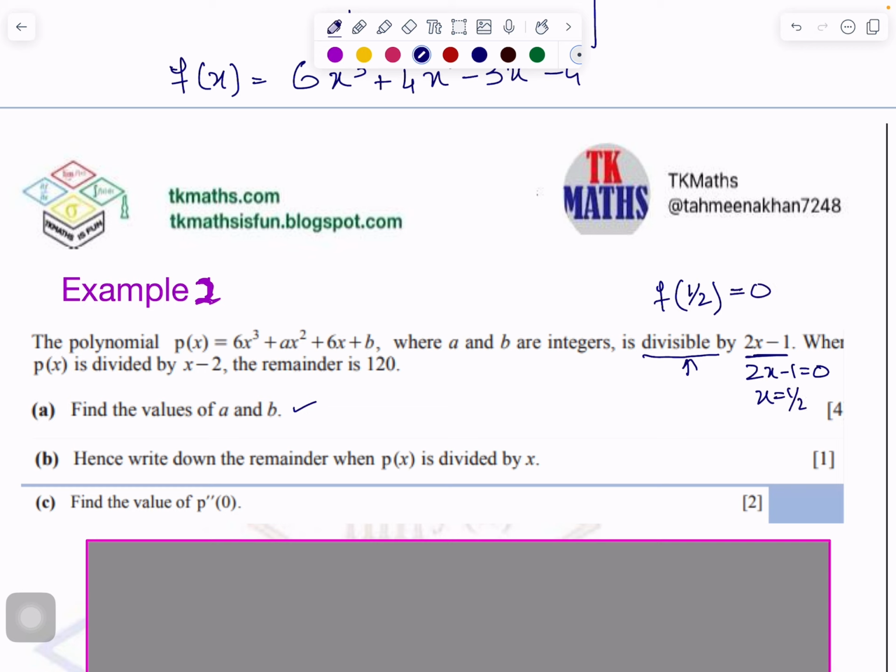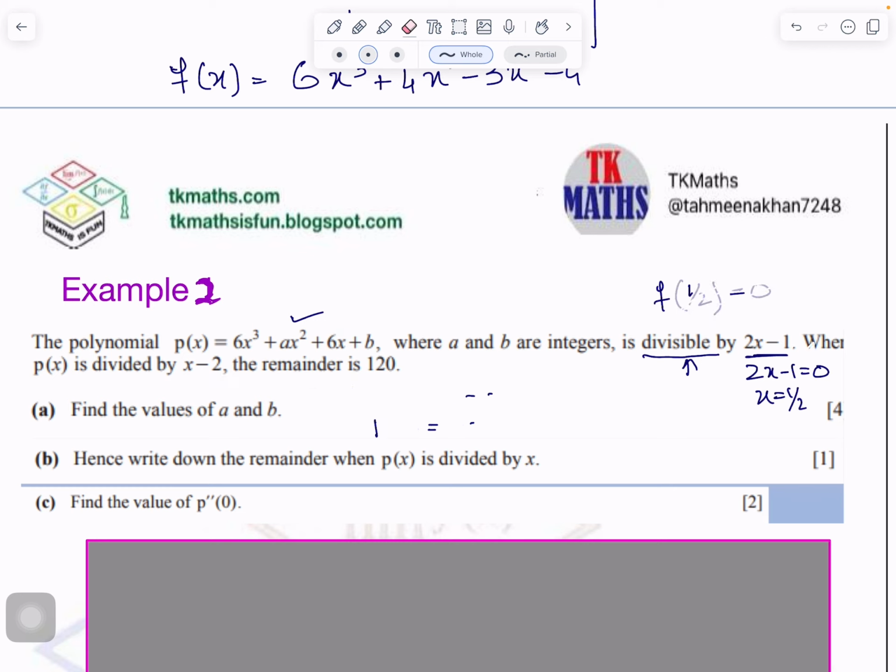This will be your first condition here. You will make an equation. And from the second part, the remainder is 120. So when you put f of 2 in this polynomial, you will write 120 equals to it, and you will get two equations. You will solve them simultaneously.